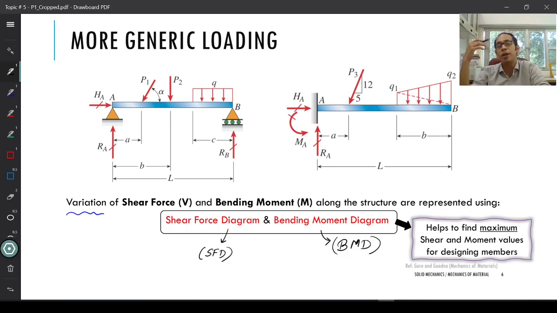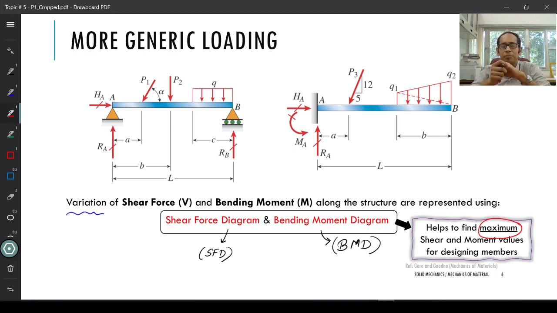So if you had to keep on increasing the load, these points become prone to failure. So the shear force diagram and the bending moment diagram help you to find the maximum values of the shear force and the bending moment so that you are designing safe structures.